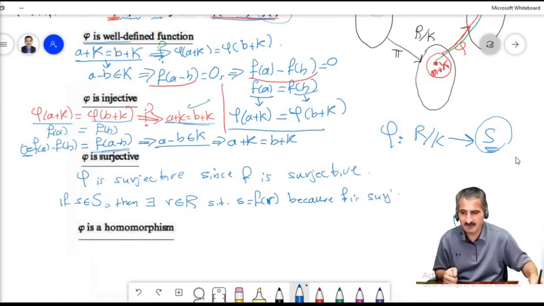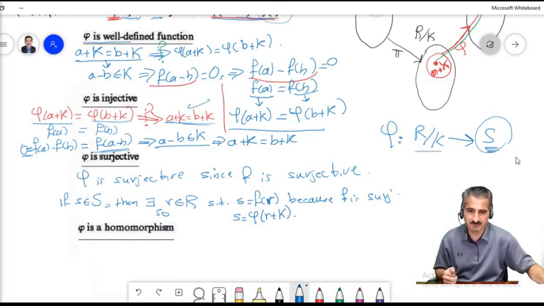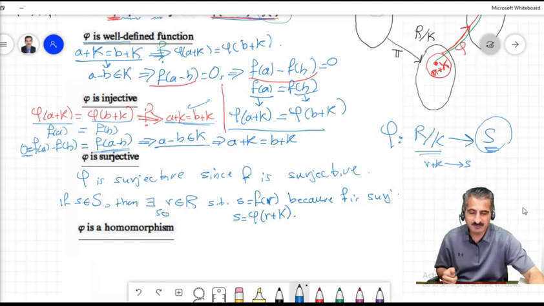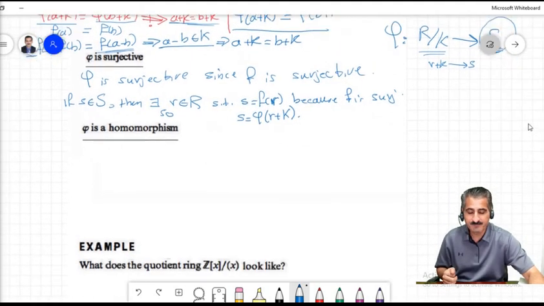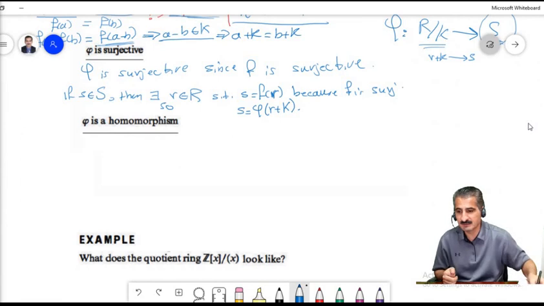So s equals phi of this coset. We got an element r plus K that goes to small s, and so phi is surjective.